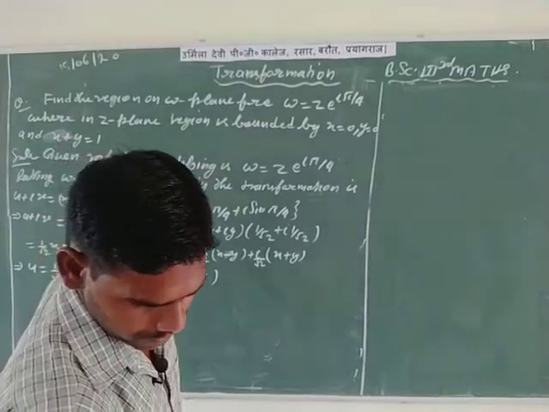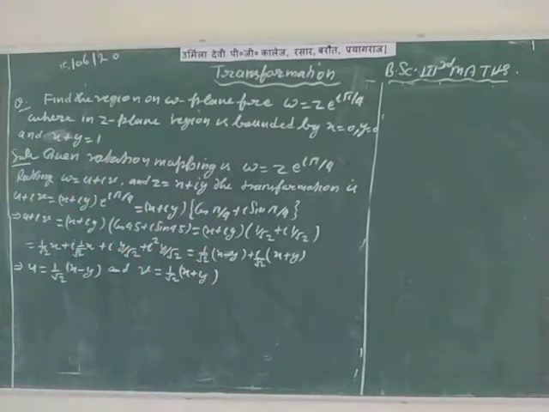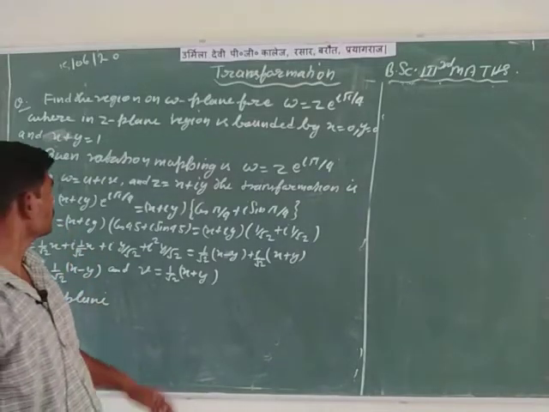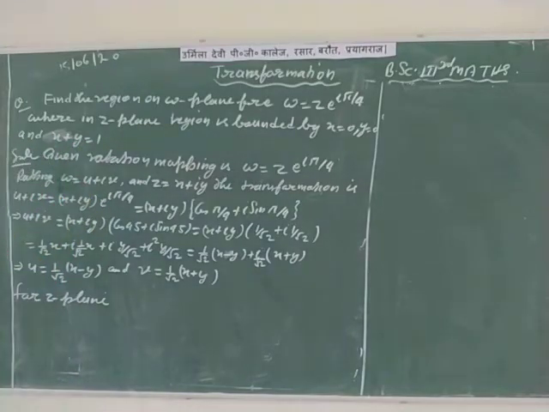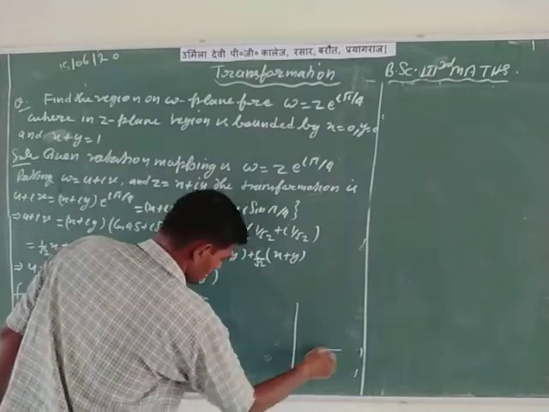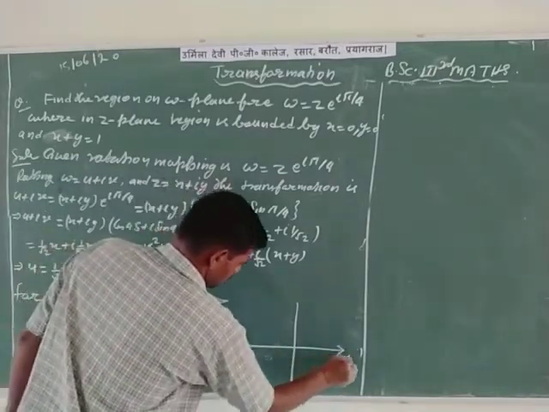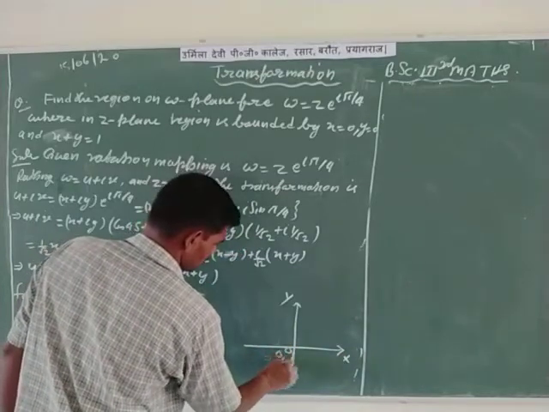First draw a figure on the z plane and a table. So for the z plane, given that the boundary is x is equal to 0, y is equal to 0 and x plus y is equal to 1, draw a table here with the x axis, y axis and the 0, 0 component.